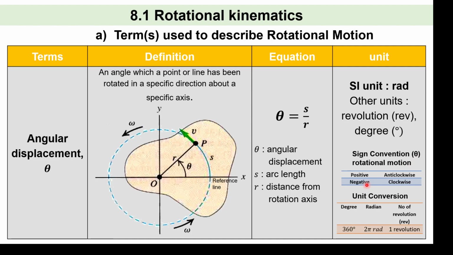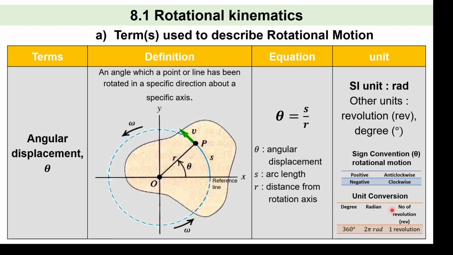Since we're dealing with three types of unit, which are radian, revolution, and degree, you need to know that a degree is 360 degrees, a radian is 2 pi rad, and a revolution is 1 revolution. You also need to know how to convert between these units.